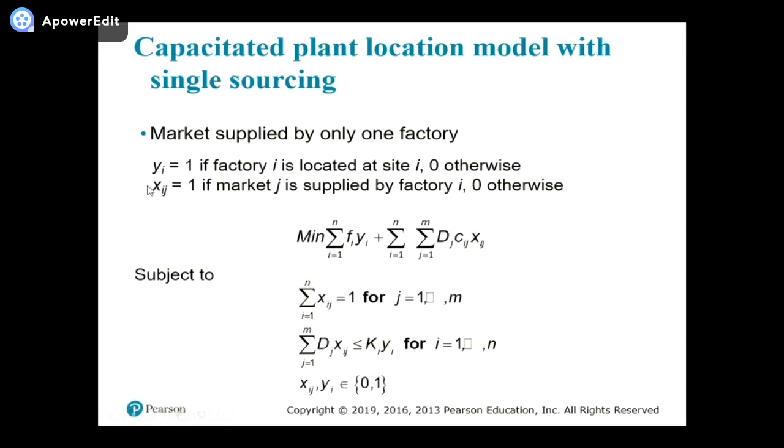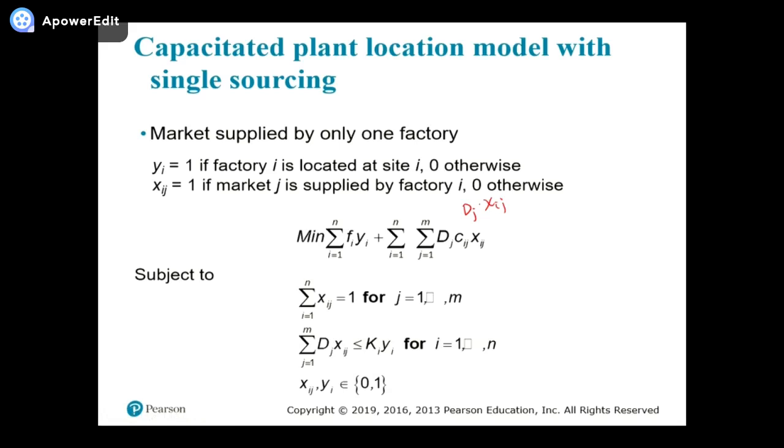So now the demand allocation decision becomes also a binary decision: either it is supplied by factory i or not. And the amount supplied by factory i is exactly dj times xij.